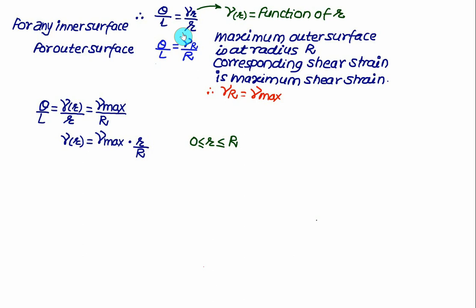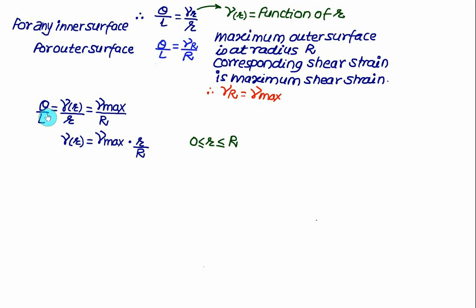We have theta by L equal to gamma sub r divided by r. Gamma of r represents a function of radius r, that is the value of the shear strain is a function of radius r, and the maximum value of the shear strain will occur on the outer surface, that is the value of gamma R. So this value of gamma R we take as gamma max.